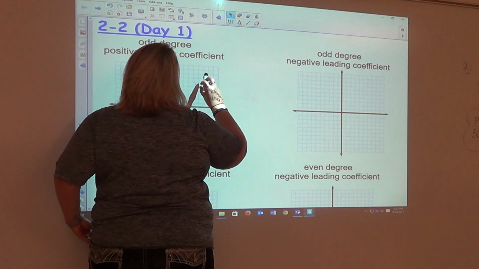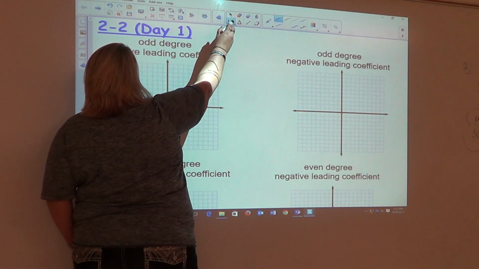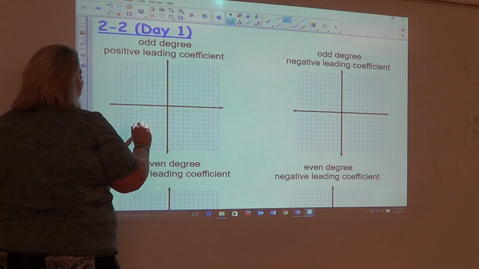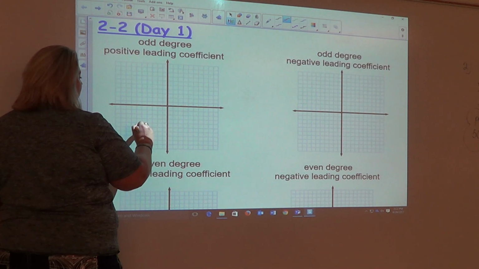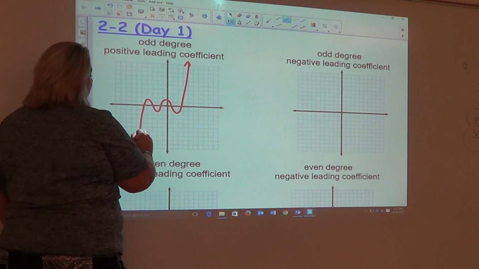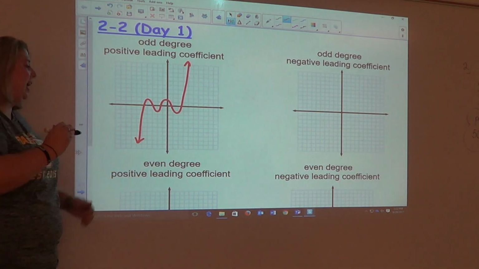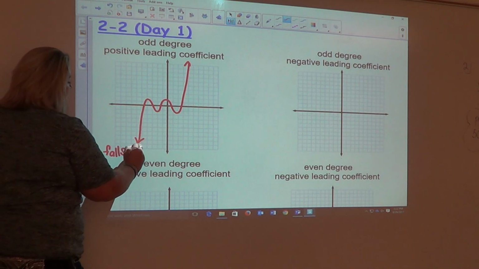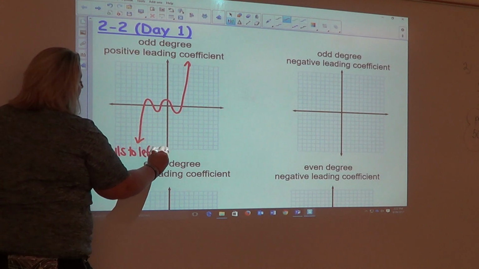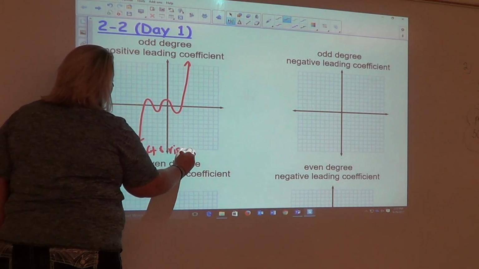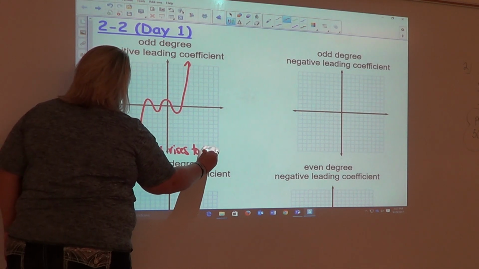Now, I don't care what happens in the middle of the graph, but on the outsides of the graph, it's going to start down, something's going to happen in between, and it's going to go up. So on the left-hand side, it falls to the left, and on the right-hand side, the arrow's going up, so it rises to the right.